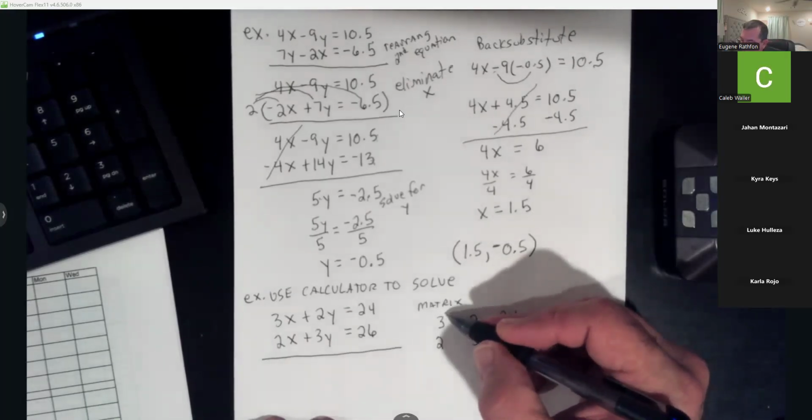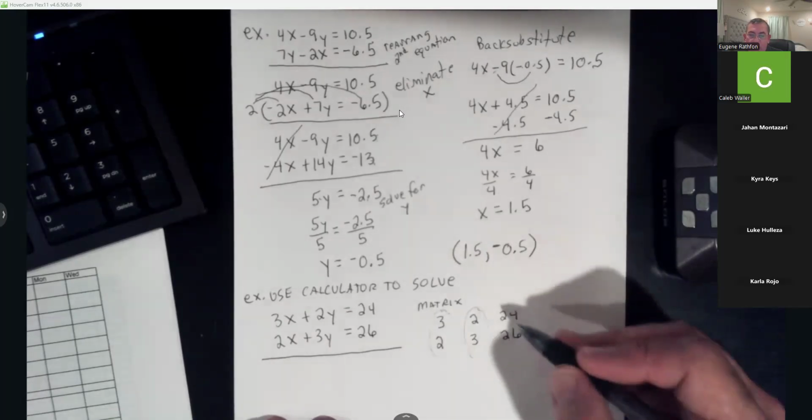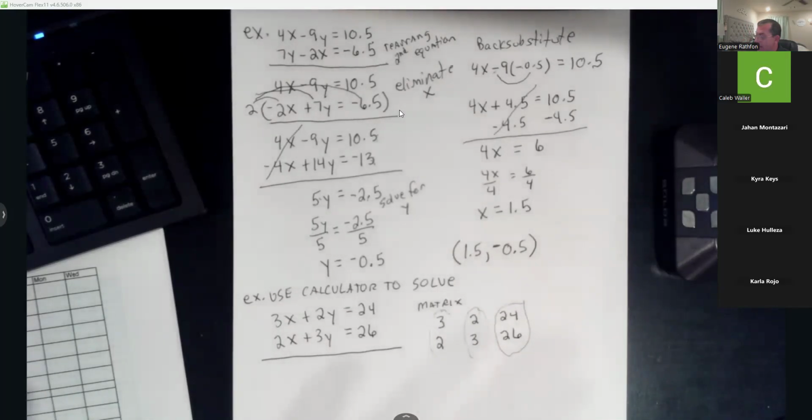Because in the calculator, it thinks the first column is a variable, the second column is a variable, and then the last column will be your answers, okay? So y'all, watch what I'm going to do. I'm going to share my TI-84. It'll be the same as your iPhone app and your Android apps. So here we go. I'm going to share the calculator.